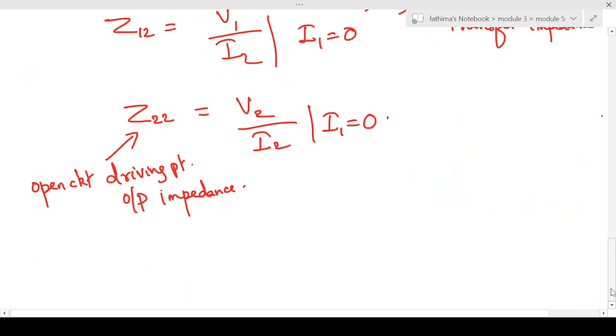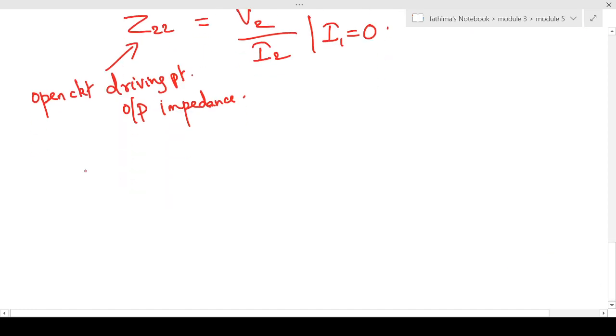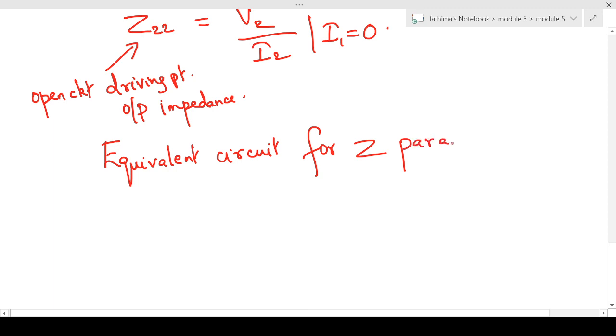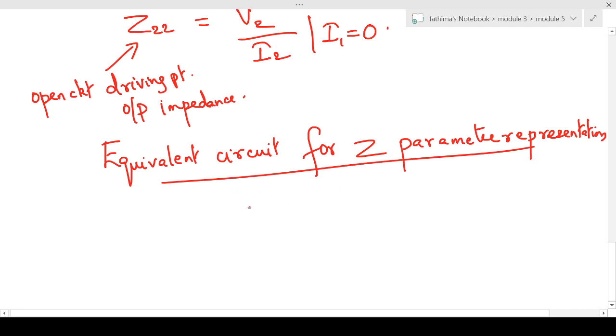Now we can draw the equivalent circuit for Z parameter representation. It is also known as the Z parameter model of a two-port network.